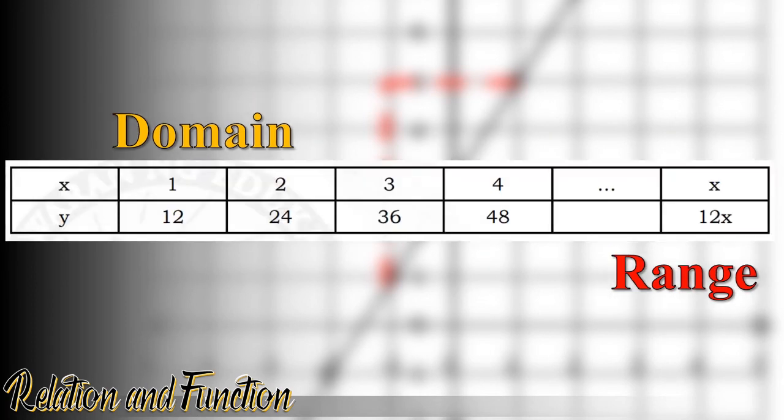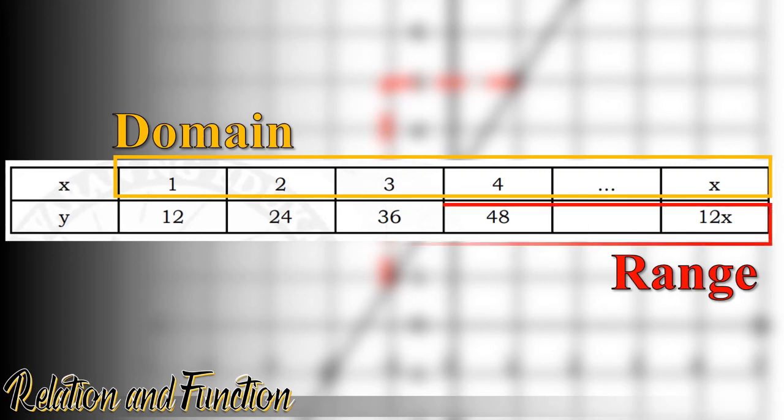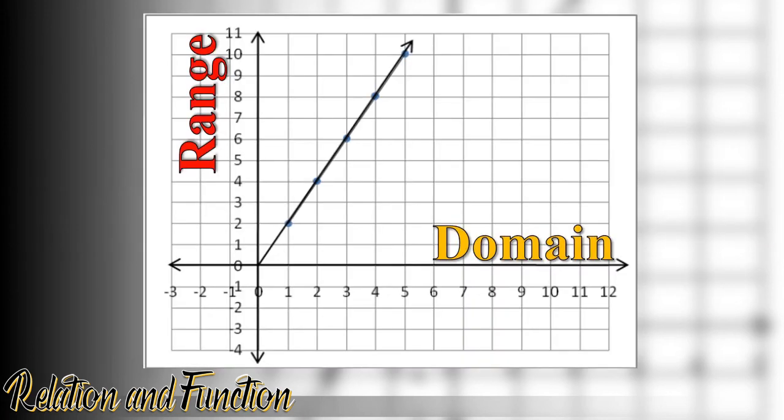And for the table of values, nabanggit na rin yan kanina na ang domain natin dyan is the set of values of x. And our range ay yung mga set of values of y. Yan. And kapag naman sa graph, ang domain natin is the x-axis and our range is our y-axis.